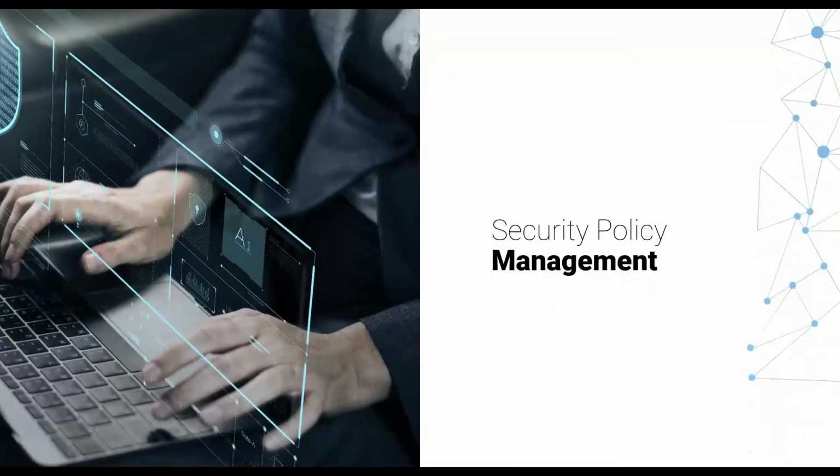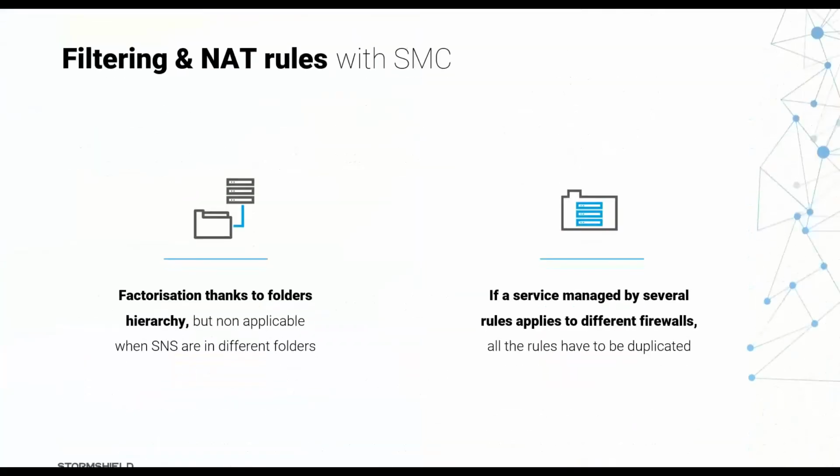So now the last feature we wanted to talk about today is the security policy management. You know that with SMC, you already have some factorization options thanks to the folders hierarchy. So basically, when you define a rule on the folder, it will apply to all the firewalls that are included into this folder.